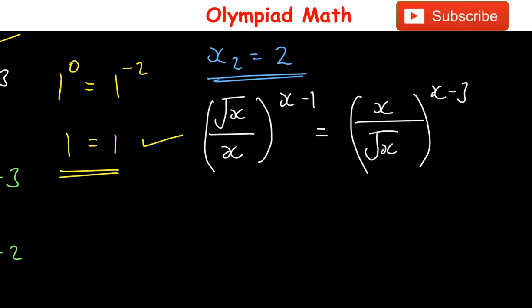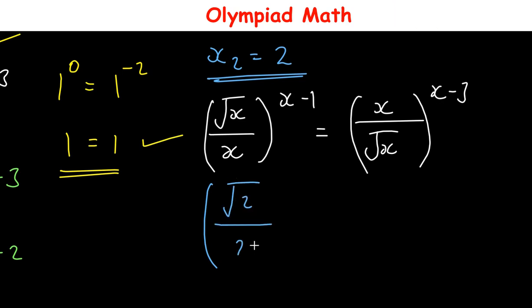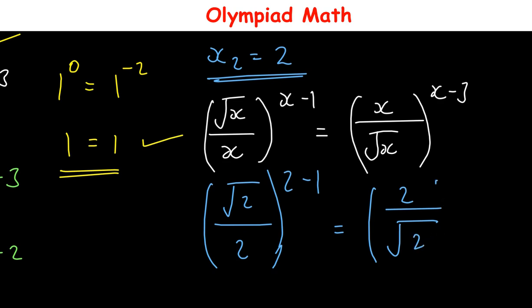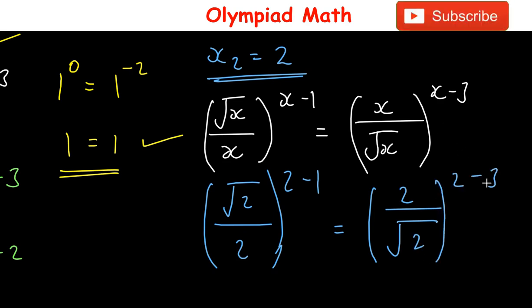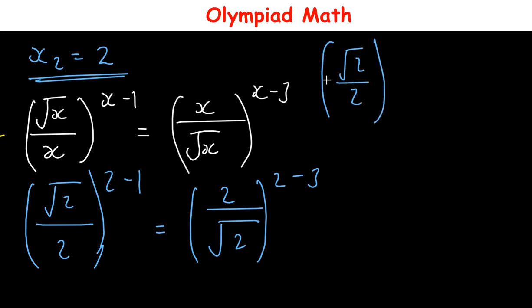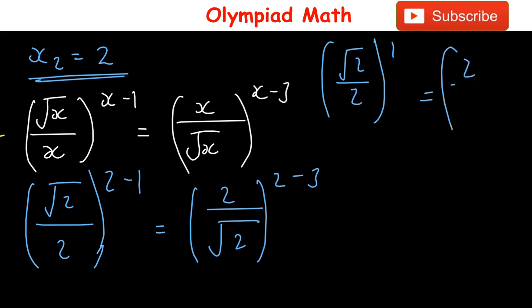So with this, we have x as 2: in brackets, the square root of 2 all over 2, all raised to power 2 minus 1, is equal to, in brackets, 2 divided by the square root of 2, all raised to power 2 minus 3. So from here, we have that, in brackets, the square root of 2 over 2, all raised to power 2 minus 1 is 1, is equal to, in brackets, 2 divided by the square root of 2, all raised to power 2 minus 3 is minus 1.